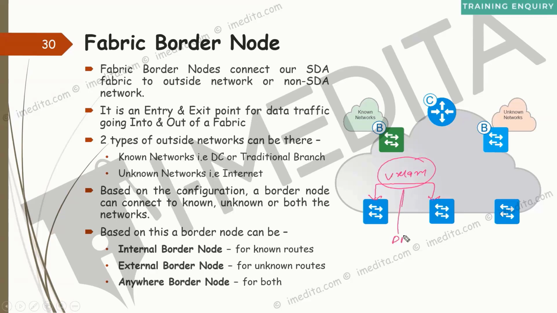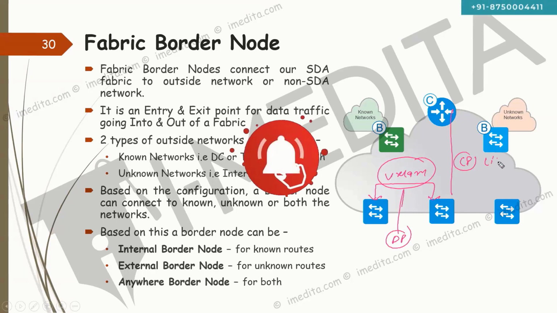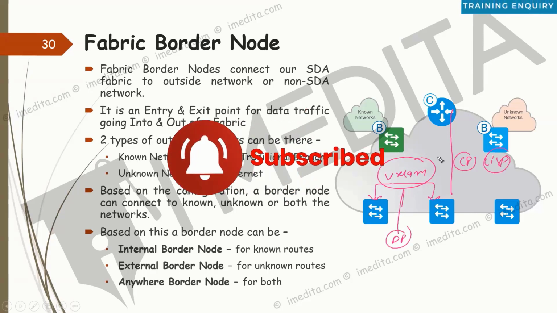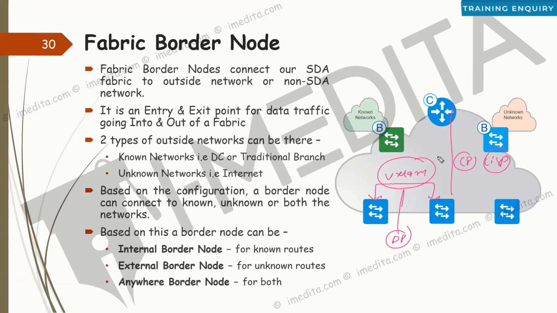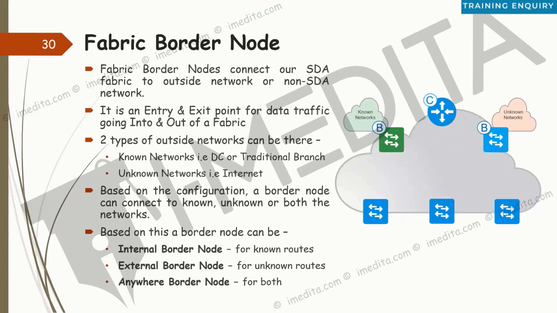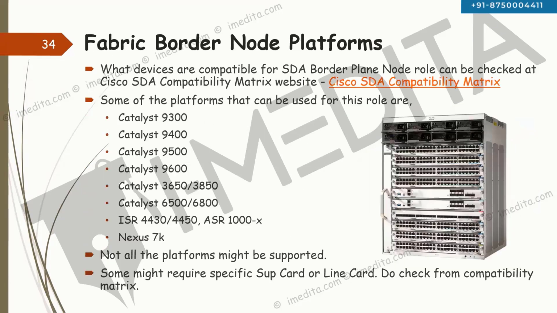So at the data plane, we use VXLAN. At the control plane, we use the LISP protocol. And when it comes to enforcing the policies and everything, we are going to use CTS, Cisco TrustSec.